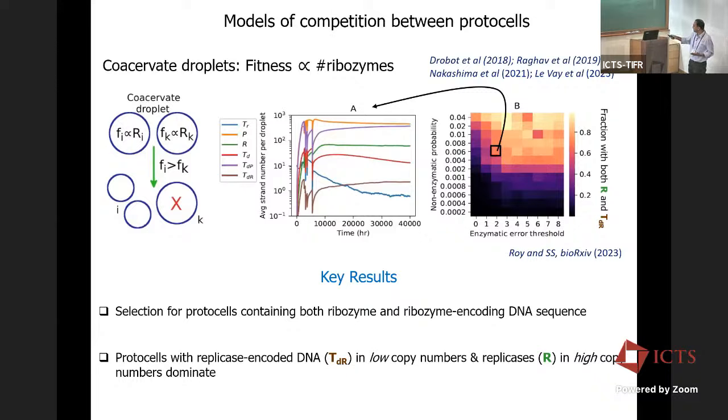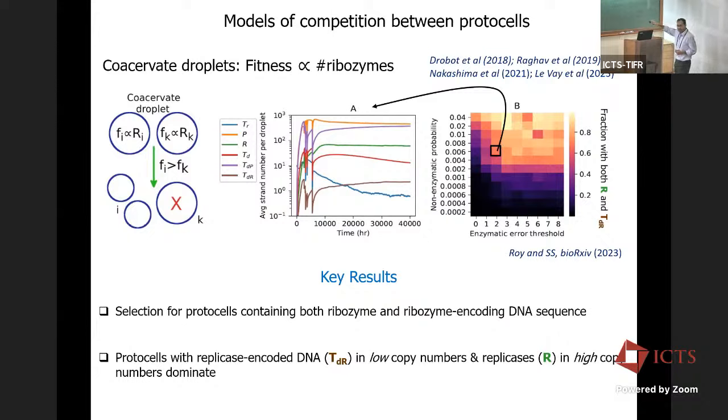And so this is a heat map which shows the abundance of protocells with both a replicase as well as a DNA template which encodes the replicase. And this is one pixel of that expanded here, the time evolution of that.